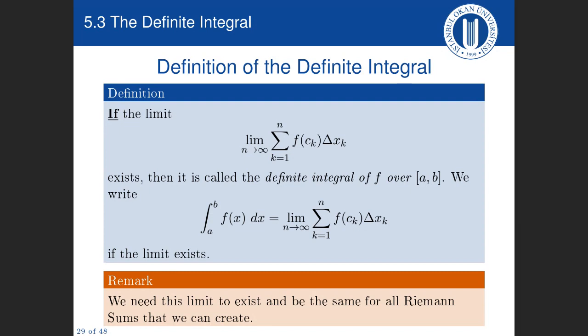We're choosing these numbers ck inside each interval, but we can choose where we put them. We might put them on the left, on the right, in the middle, a little bit to the left of the middle. It's completely up to us. We need the limit to exist, and we always need that the limit is the same, no matter where we choose ck and no matter which little intervals we choose.